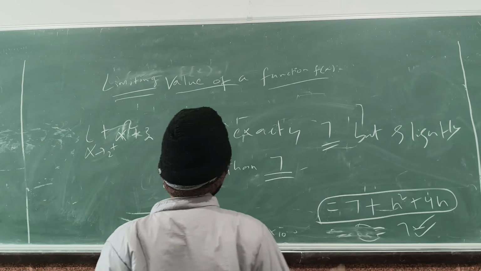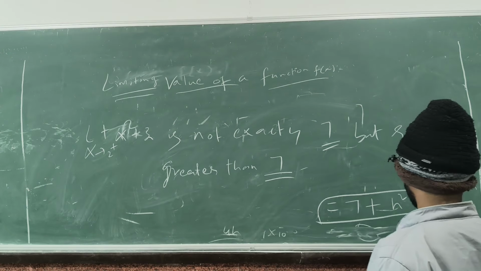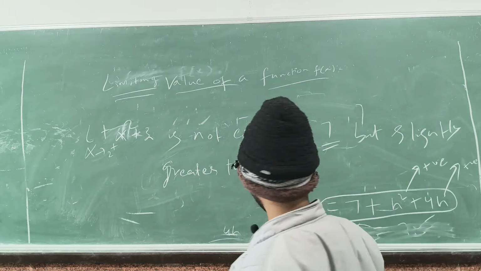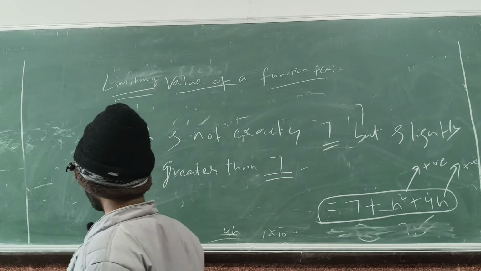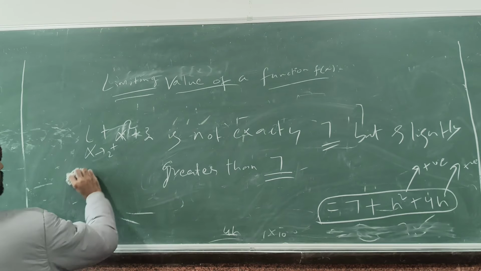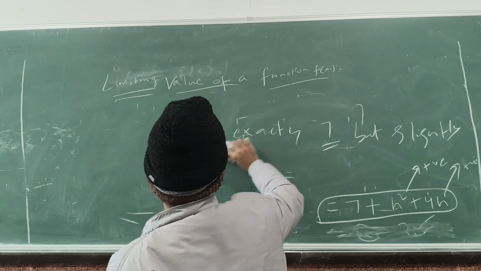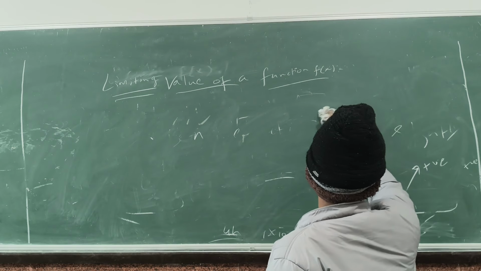Why? Because h square is a positive quantity as h is positive, and 4h is positive. So 7 plus positive plus positive is somewhat greater than 7. So the limiting value is not exactly 7 but slightly greater than 7.